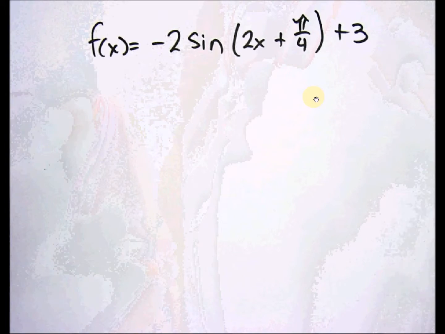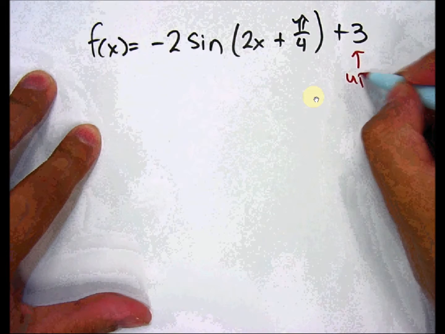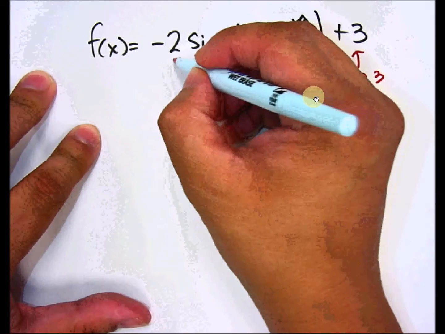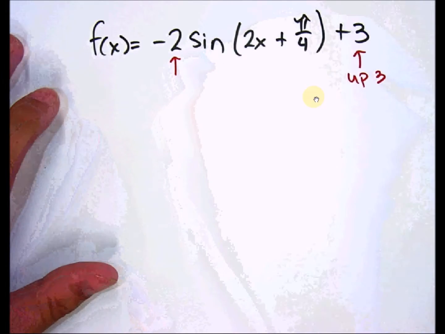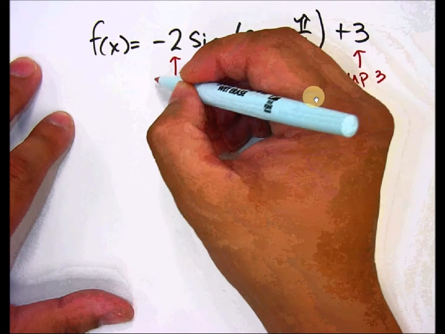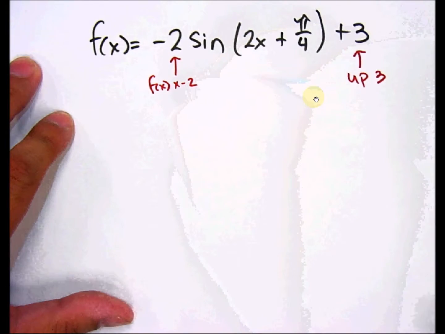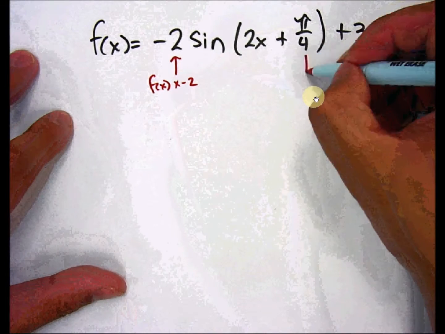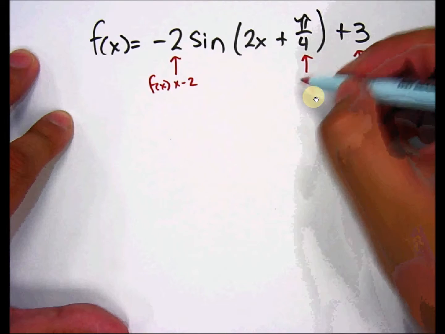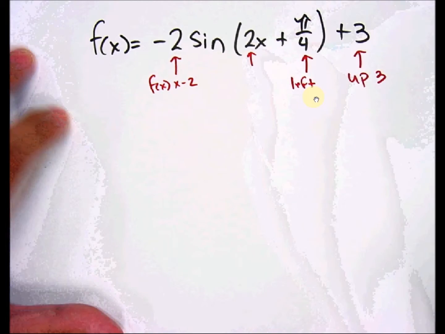If you look at it, this plus 3 moves up 3. This -2 right here will stretch and flip the y's. So this is an a; you will take f of x and basically multiply it by -2. This right here is a horizontal shift to the left, and this is also a horizontal stretch.